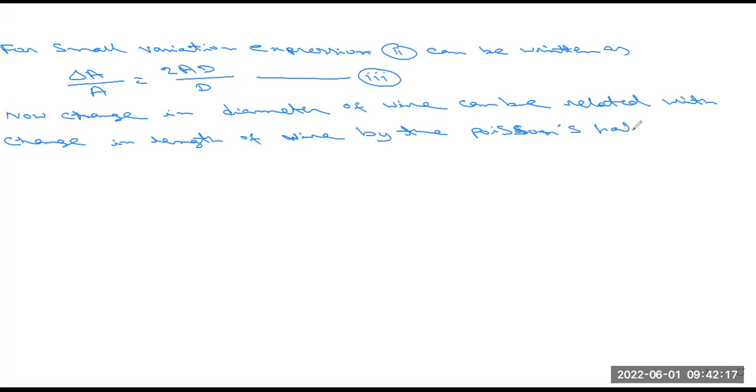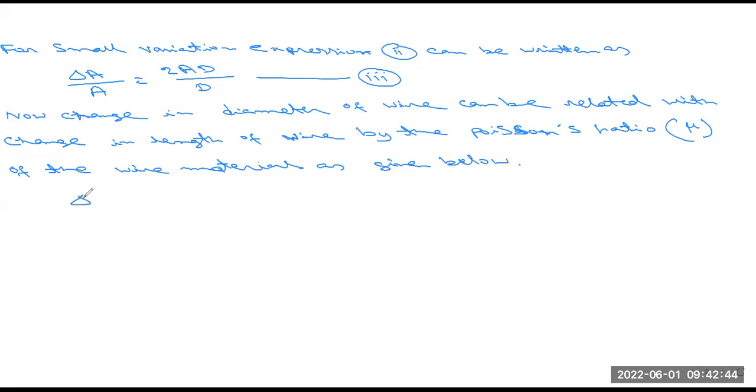Poisson's ratio is expressed as mu, of the wire material, as given below.